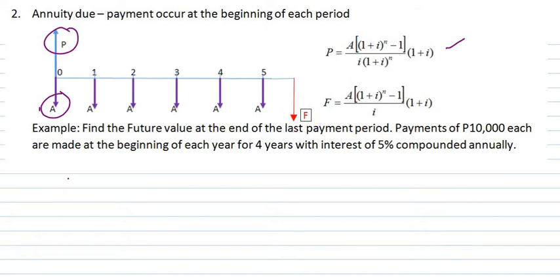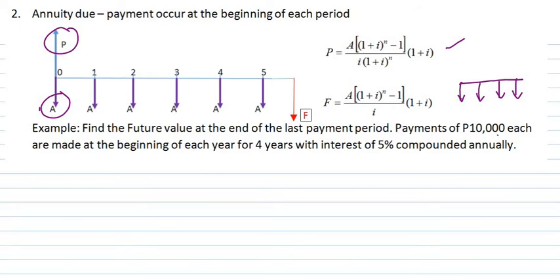Now we go directly with our example. Find the future value at the end of the last payment period. Payments of 10,000 each are made at the beginning of each year for 4 years, with 5% compounded annually. So that means we have years 1, 2, 3, 4.